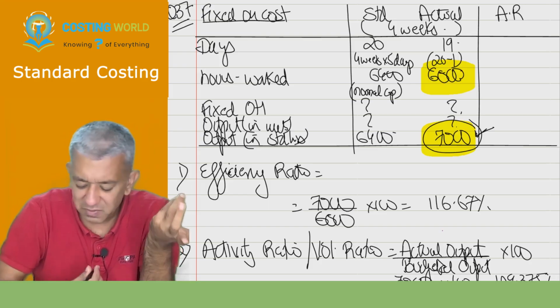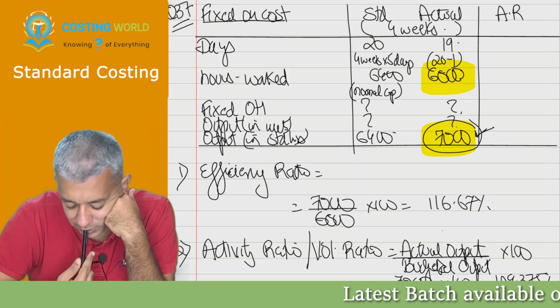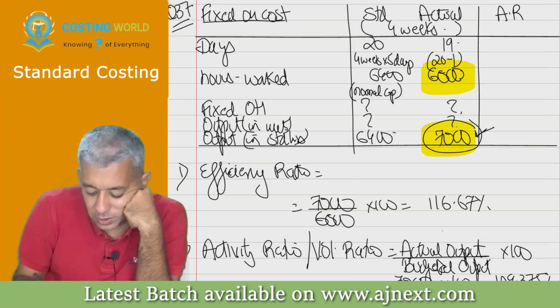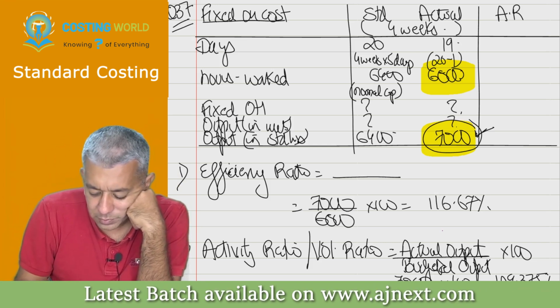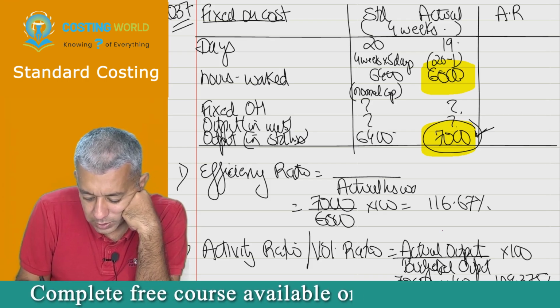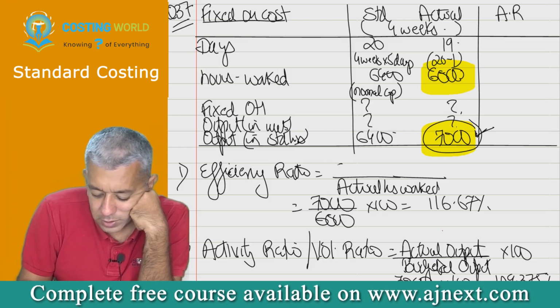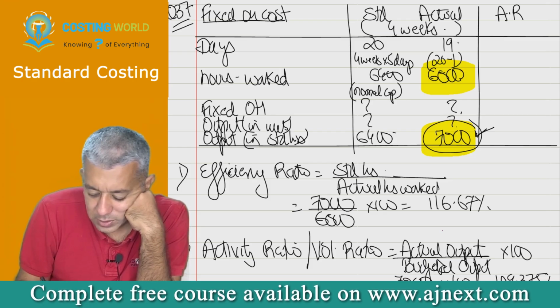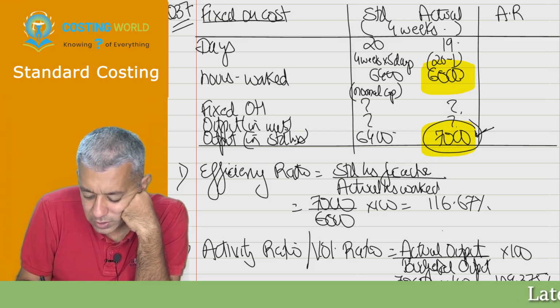I say one should not give any formulas also. I think it is a stupidity. But in any case, now we will start writing. 6,000 are actual hours worked. 7,000 are standard hours for actual output.